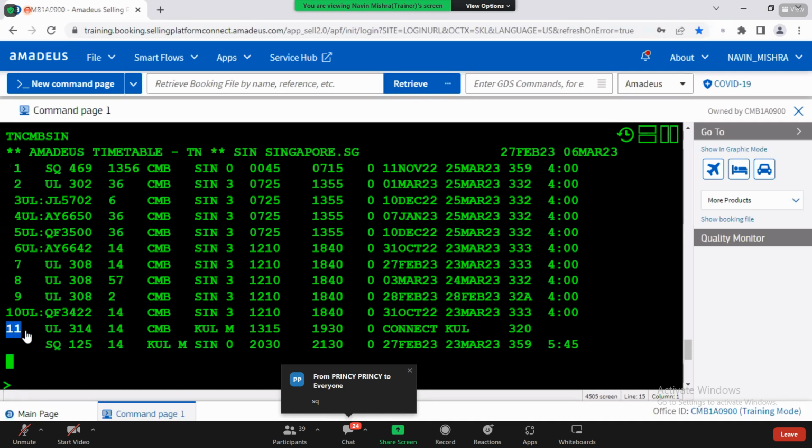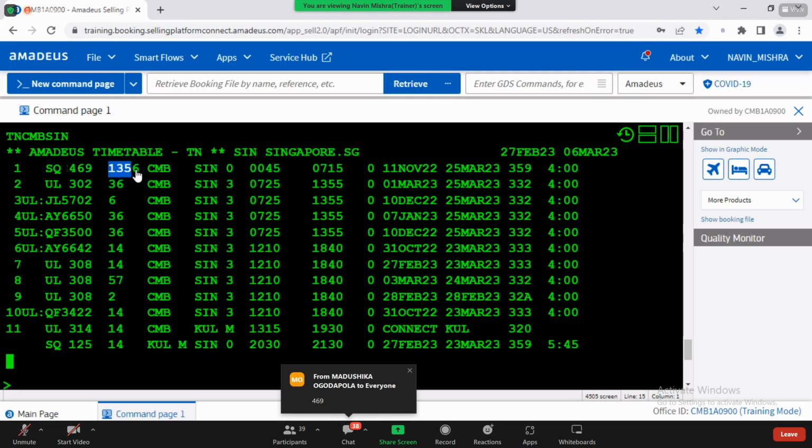That is the 11th line. So the first flight operating between Colombo to Singapore is SQ469, Singapore Airlines. And what is the flight number? 469. Everybody understood? That's the airline code and the flight number.